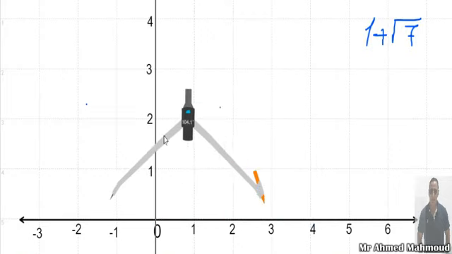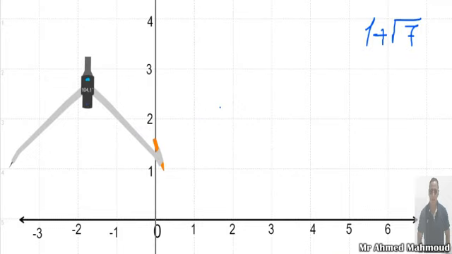Okay, and then I will draw the height from 1, not from 0. Before, I drew the height from 0, but now I'm going to start after 1 because I have 1 plus square root 7.